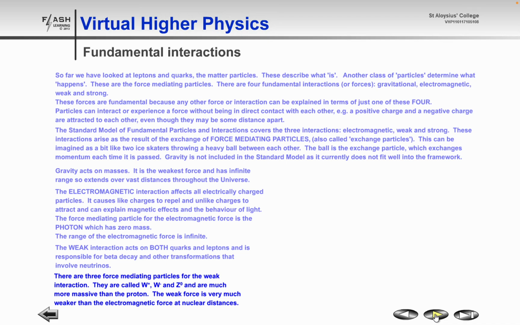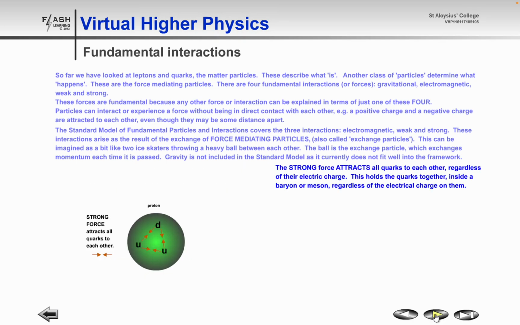It has three force-mediating particles called W plus, W minus, and Z naught. And, as its name would suggest, it's very much weaker than all the other forces involved at nuclear distances.